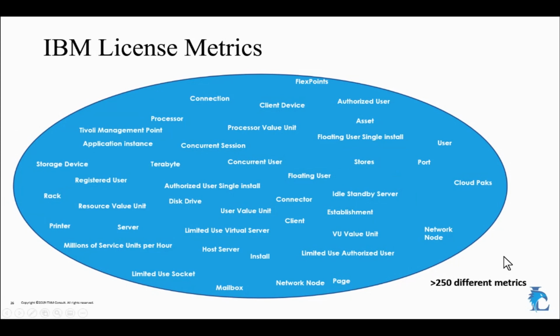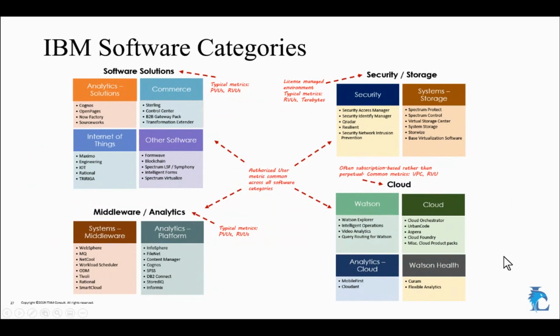First of all, keep in mind that IBM creates categories, and you generally group categories that have very common metrics. So the software solutions will all be running PVU and RVU. Middleware analytics will again be on the PVU metrics. You may have an RVU. Authorized user, by the way, covers all of them because it's sort of like the Swiss Army knife of licensing.